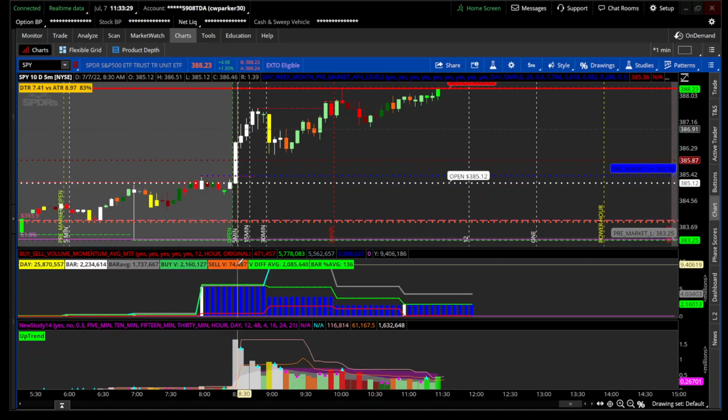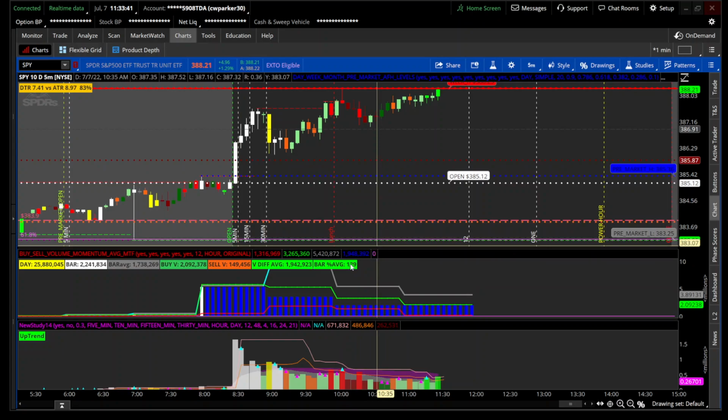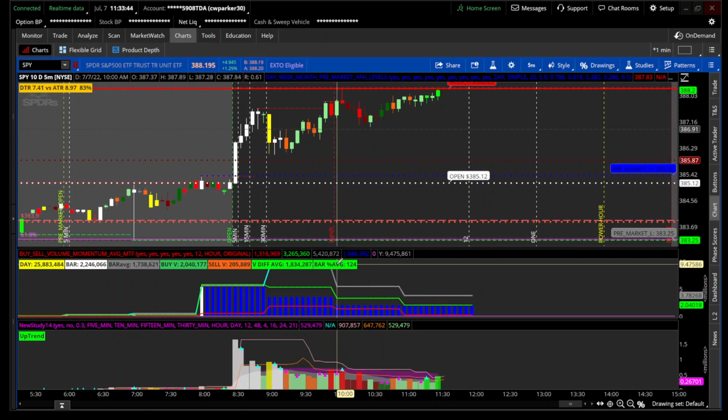Only like 18,000. But that's all about this buying and selling pressure. So it's not actual buying and selling, but it's according to the buying and selling pressure of the candle itself. And if you're not familiar with the buying and selling pressure, the code is just the close minus low divided by the high minus low, and then multiply by volume, and that gives you buying volume, or buying pressure on that candle.